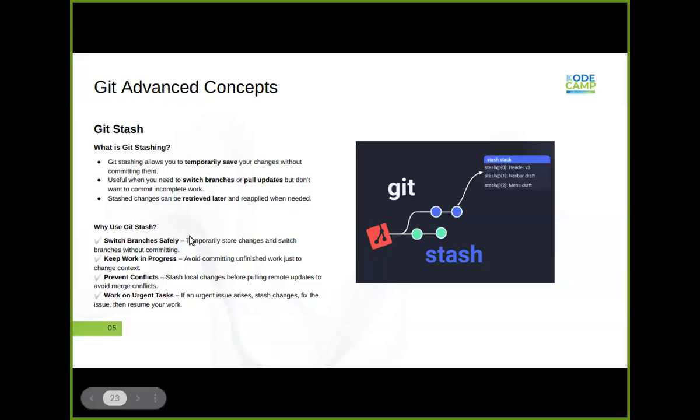Now, why use Git stash? Git stash switches branches safely. You temporarily store changes and switch branch without committing. It keeps work in progress, avoids committing unfinished work just to change context, prevents conflict, and lets you work on urgent tasks. Now, let me explain this part.